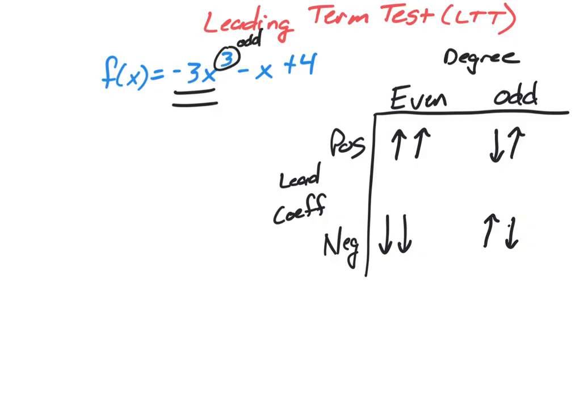And my leading coefficient is negative. So if it's odd and negative, then it's going to be this guy right here. It's going to start up and it's going to end by going down. But those are our 4 choices, one of those 4.